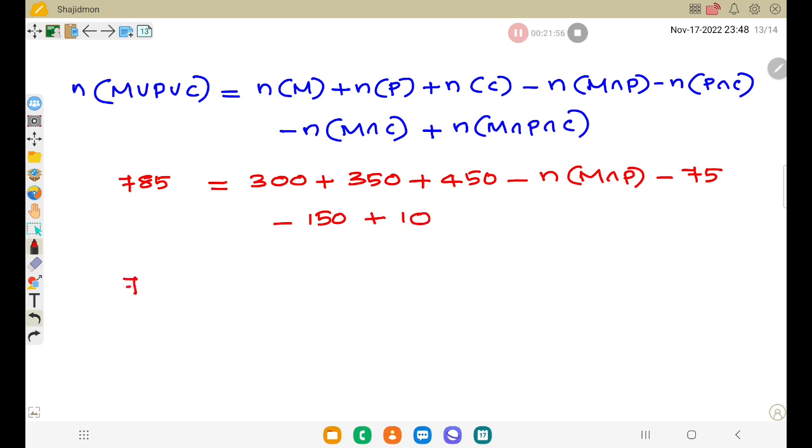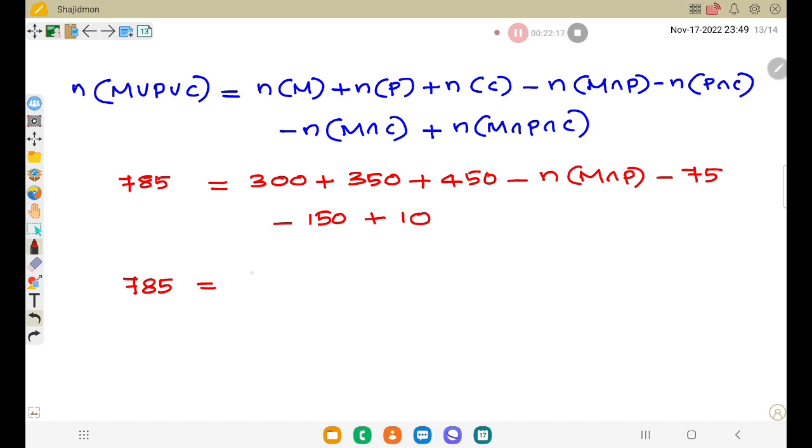So if we simplify, 785 equals, all other numbers you can add: 300 plus 350 plus 450 minus 75 minus 150 plus 10.